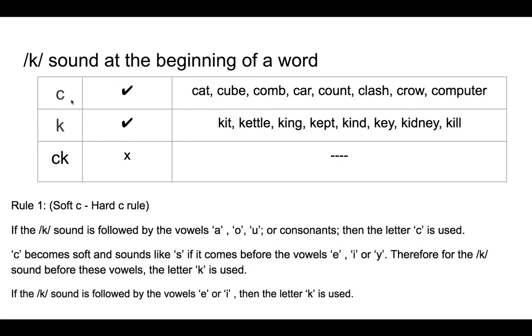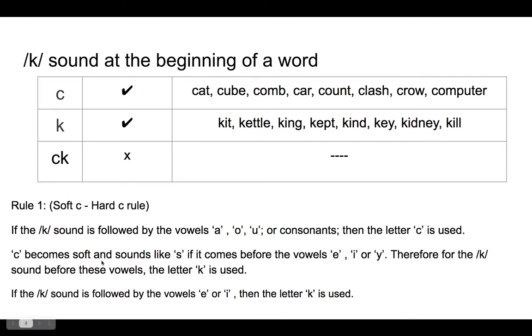So in order to choose any one of these letters, there is a rule, the soft C, hard C rule. If the k sound is followed by the vowels A, O or U or any consonants, then the letter C is used.